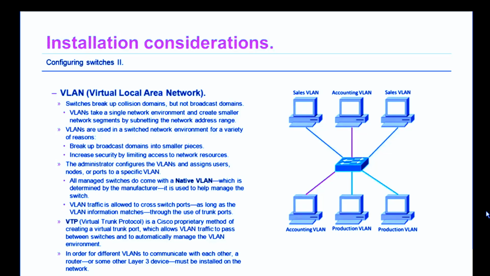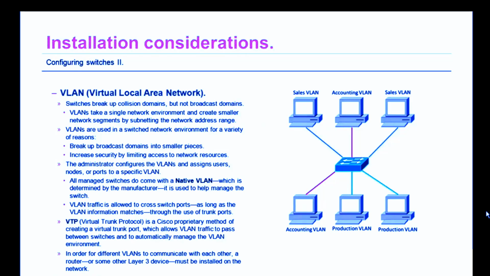VLAN traffic is allowed to cross switch ports as long as the VLAN information matches. So VLAN 2 can send traffic to VLAN 2, but VLAN 2 cannot send traffic to VLAN 3. It does this through the use of trunk ports.